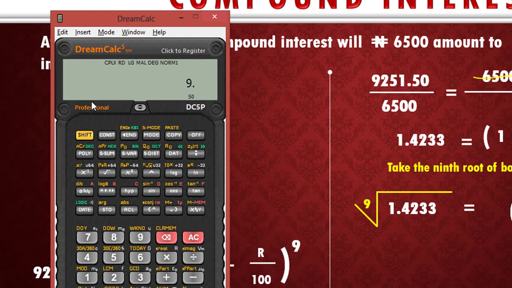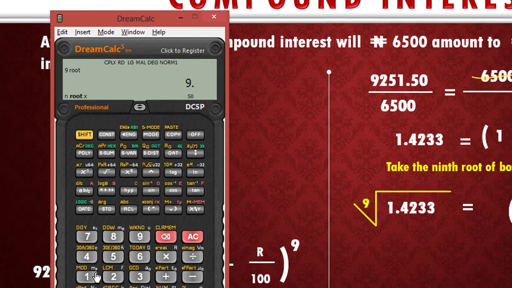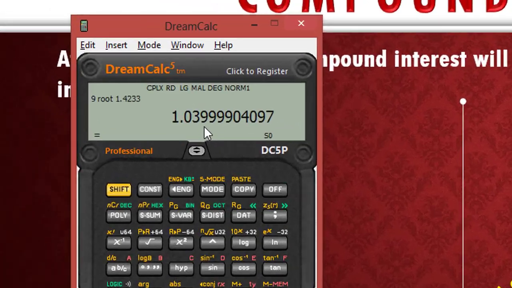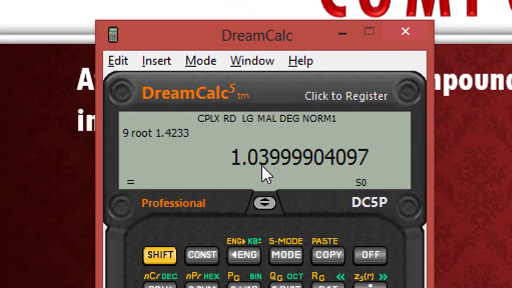You press 9, and press your shift or second function, and then press your exponential sign and press the number now, 1.4233. Press equals to or enter. Then we have 1.039999.